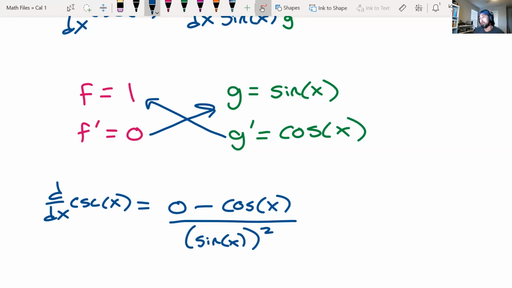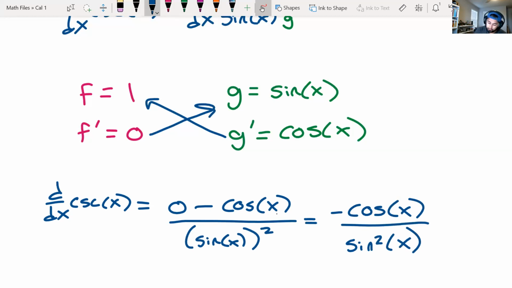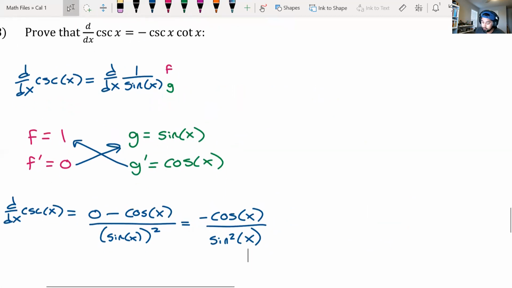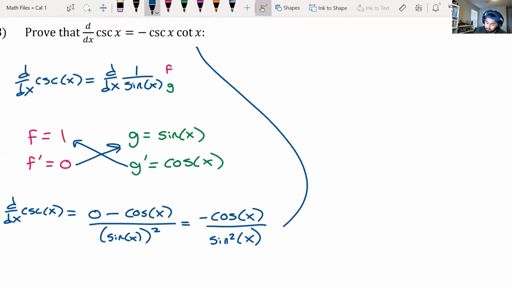Now derivatives done, quotient rule is done, calculus is done. Let's go ahead and do algebra and trig from here. So this becomes negative cosine x over sine squared x. What can I do to make this look like negative cosecant cotangent x?